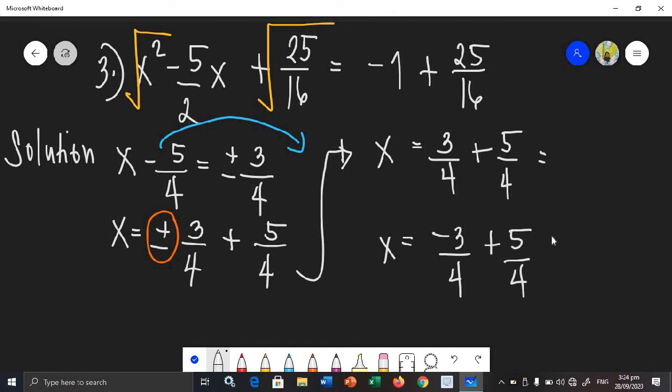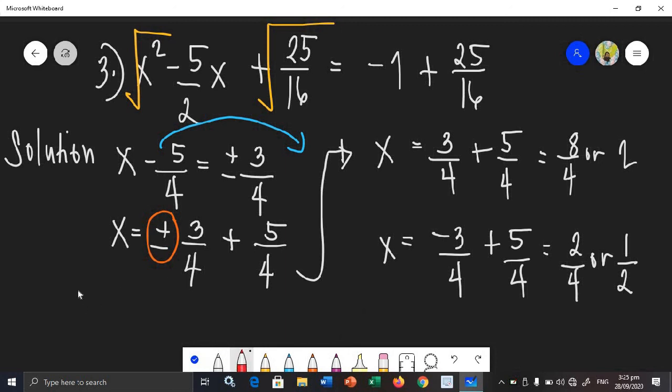Ngayon, napansin niyo, similar fractions naman sila. Therefore, we can simply add them up, and then copy the denominator. So, 3 plus 5, that is 8 over 4. 8 over 4 is simply 2, diba? Kasi 8 divided by 4, that is 2. Ito, negative 3 plus 5, the answer is 2 over 4, or simply 1/2.